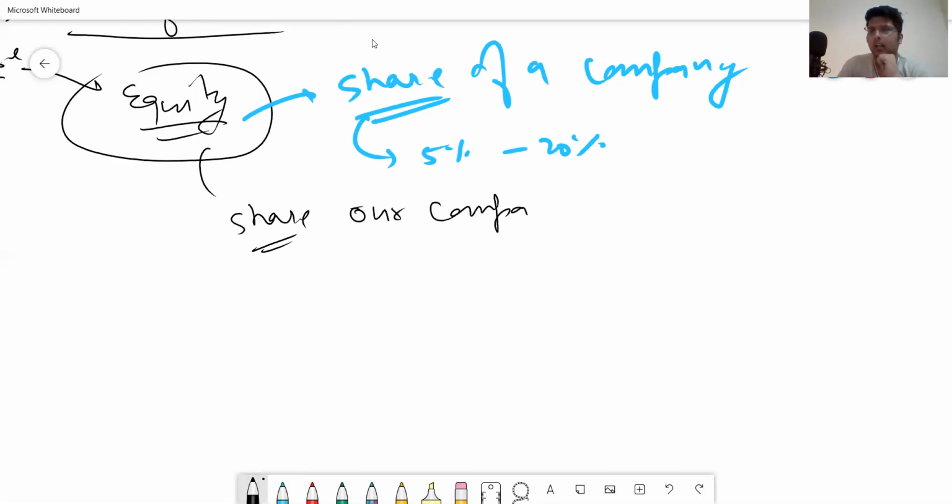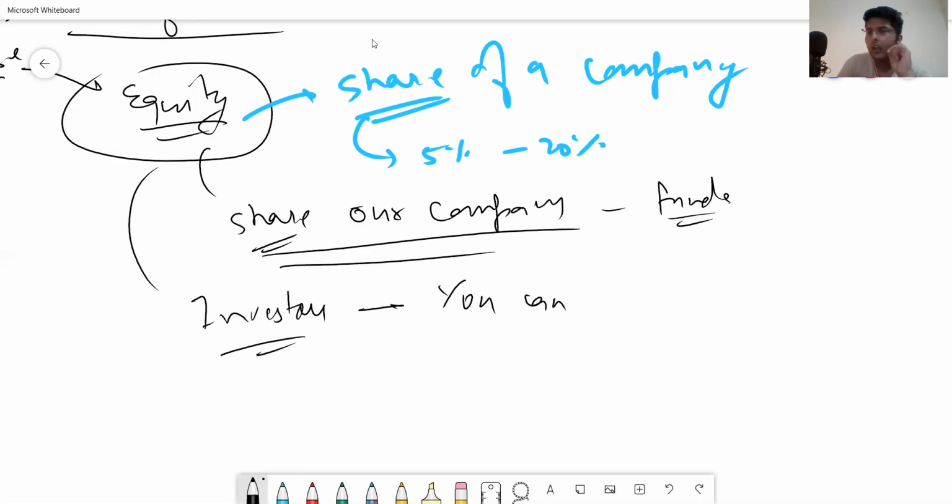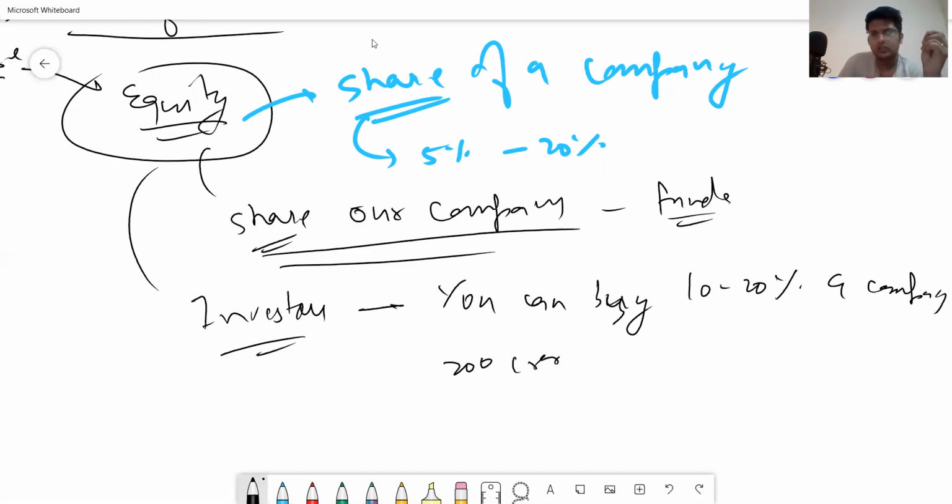So what companies do whenever they're short of funds and they want to raise money for a project, they go to investors and tell them, you can buy 10, 20 or whatever percent stake in a company, and you will have to pay this much amount of money, let's say 200 crores for this 10% stake. And in next 5 years, we can say that you will be able to make, let's say, 200% profit.